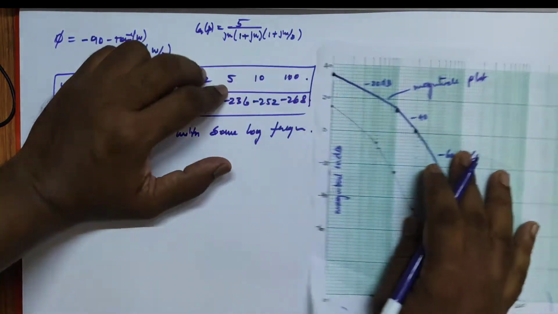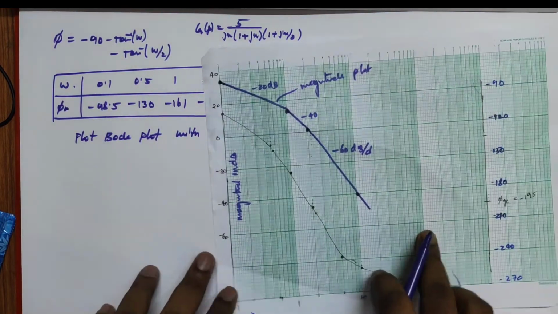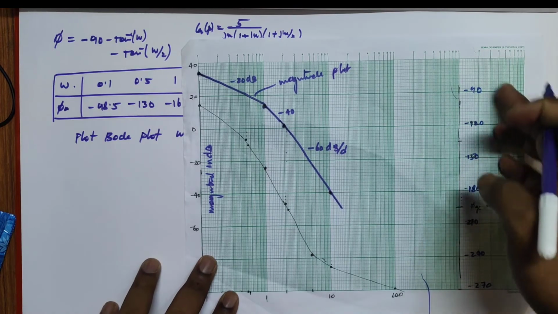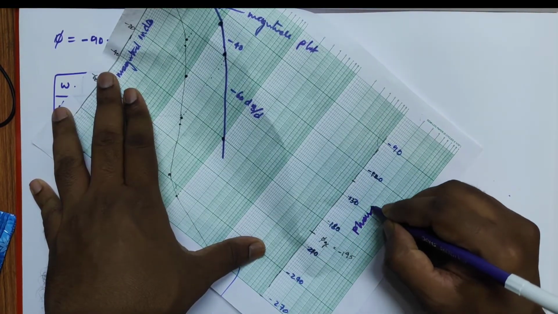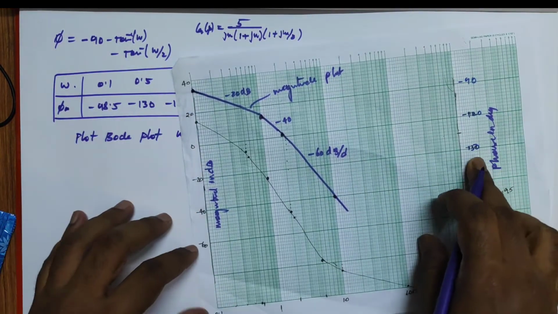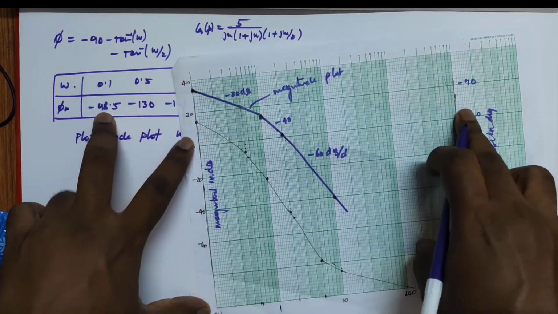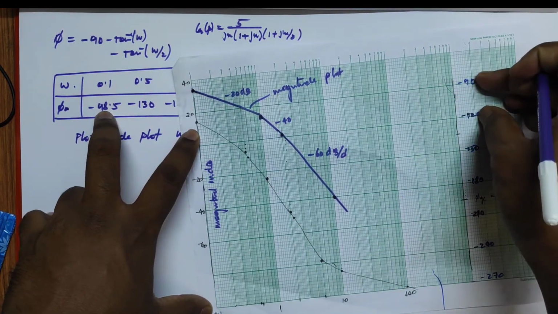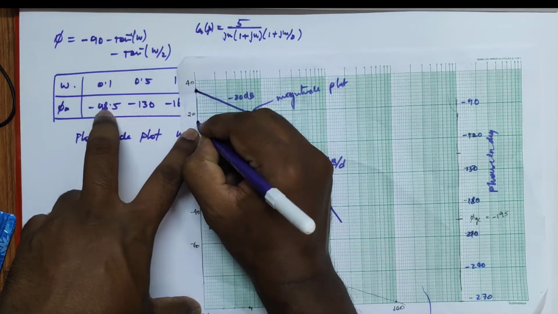Now for the phase plot, this is the phase value at 0.1. On the right side I take the phase, so this is the phase value in degrees. At ω equal to 0.1 I got -98 degrees, which is in between -90 and -120.